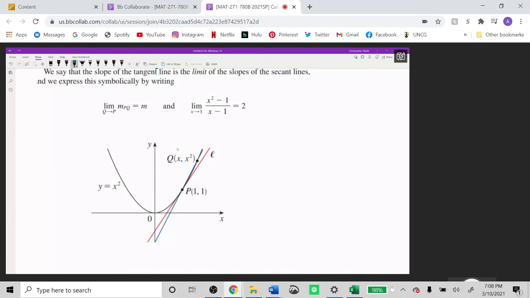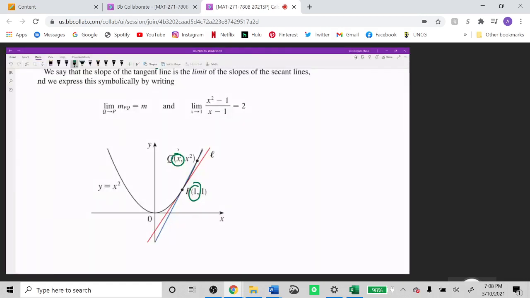So in particular, the limit as our x value approaches 1, so the limit as the x value of this point gets closer to the x value of this point, of the slope equation that we had set up is equal to 2.